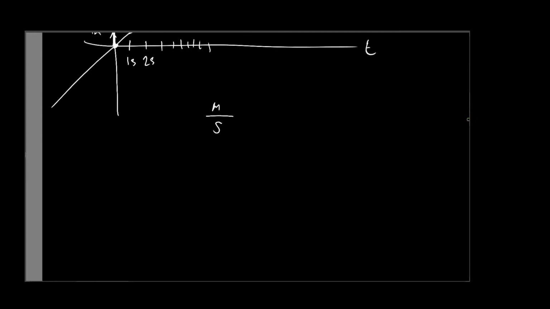And this, in meters over seconds, is a unit in itself called meters per second, and we use it to measure speed, which we write as v.